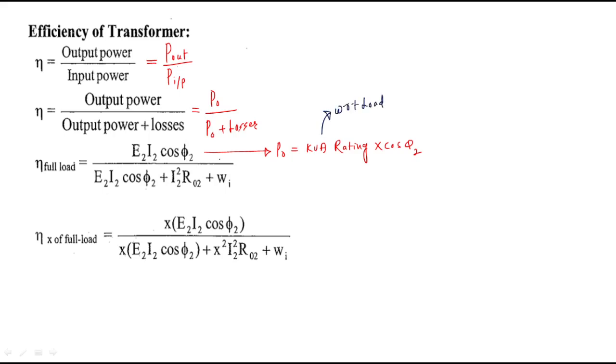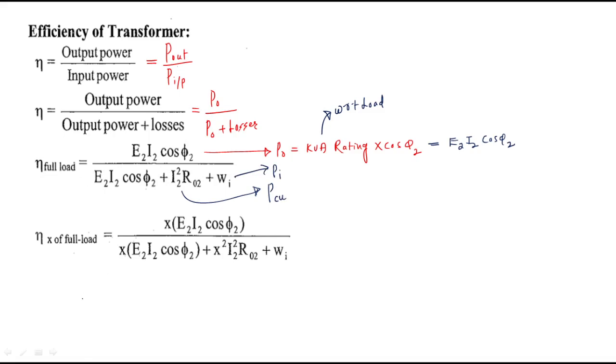E2 I2, that's why output power is E2 I2 cos phi 2. And what about this I2 square R02? These are nothing but copper losses, and these are nothing but iron losses, right? Okay, this is the formula for efficiency.